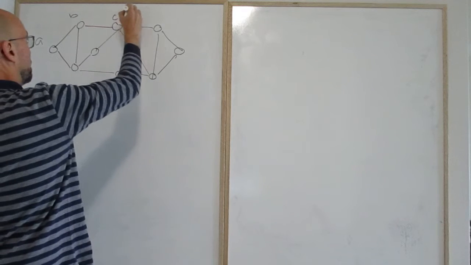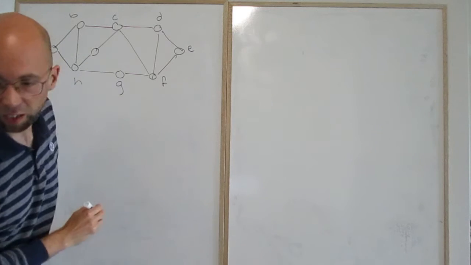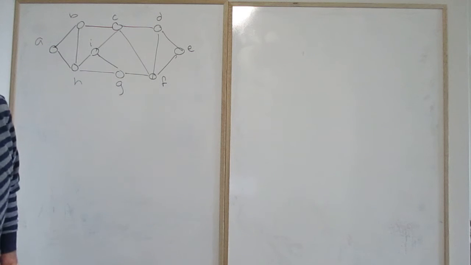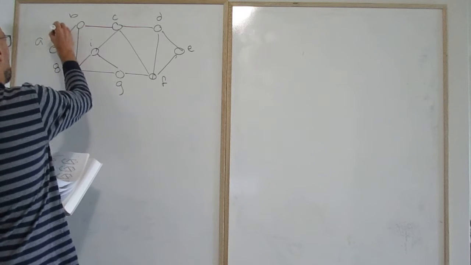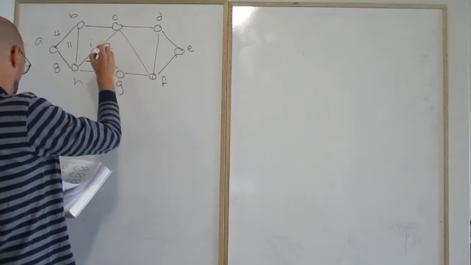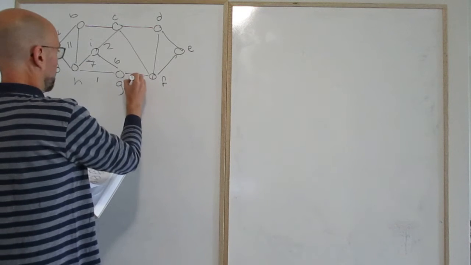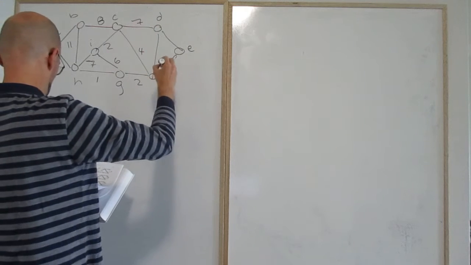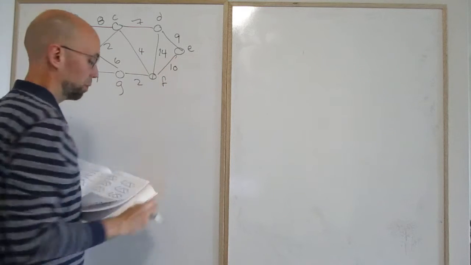A, B, C, D, E, F, G, H. I is connected to G. And the weights are 8, 4, 8, 4, 11, 7, 2, 6, 1, 2, 4, 8, 7, 9, 14, 10. Okay.